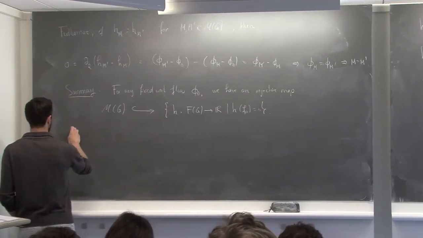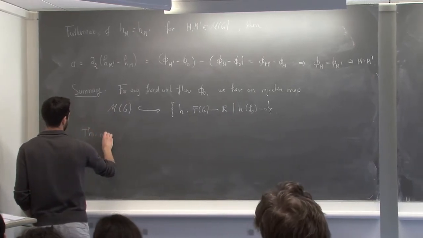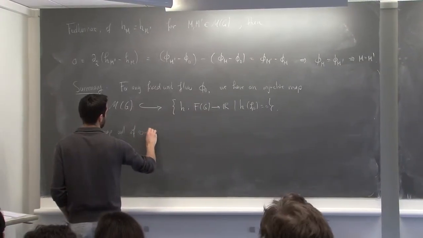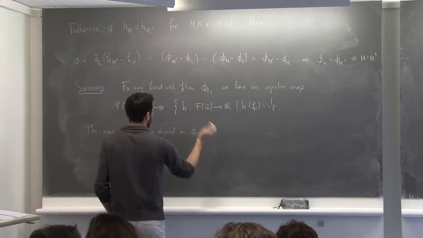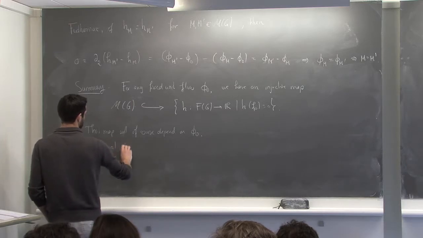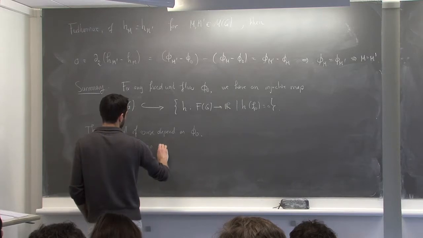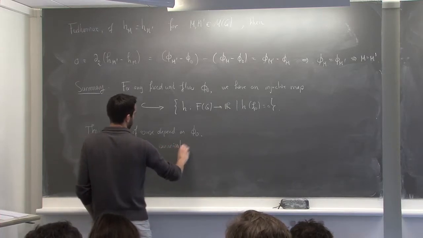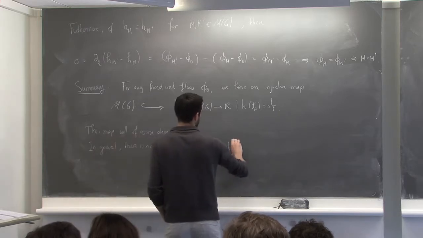So in general, this map will of course depend on phi 0. In general, there is no canonical choice, but sometimes there is.